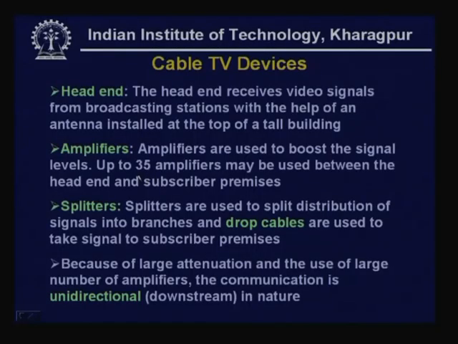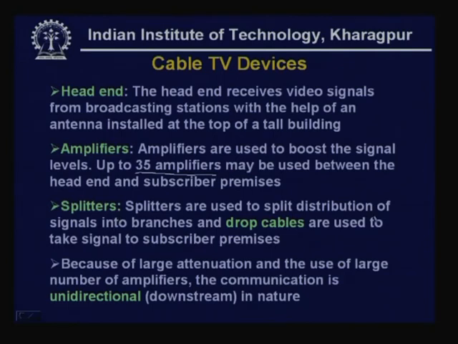To improve the signal level, you have to use amplifiers, and you can use up to 35 amplifiers in cascade between the head end and the subscriber premises. So, a large number of amplifiers may be required to provide service to a large number of buildings and users.